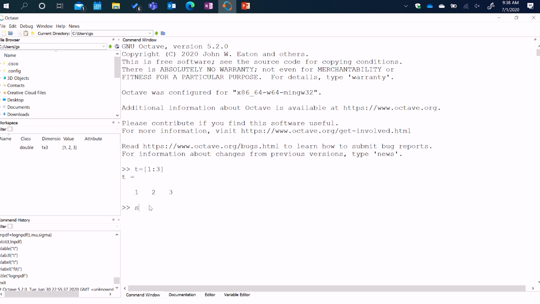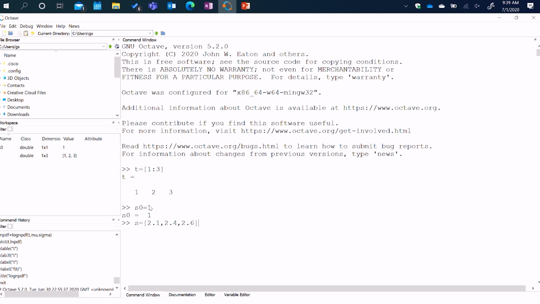My initial parameter value, S naught, I'm going to define to be equal to 1. That was the initial thickness, 1 micron. And the observed thicknesses at times 1, 2, and 3 years are 2.1, 2.4, and 2.6.